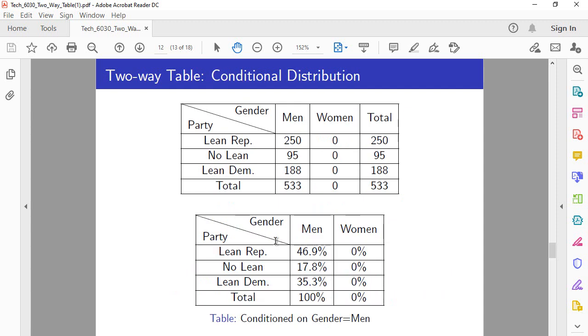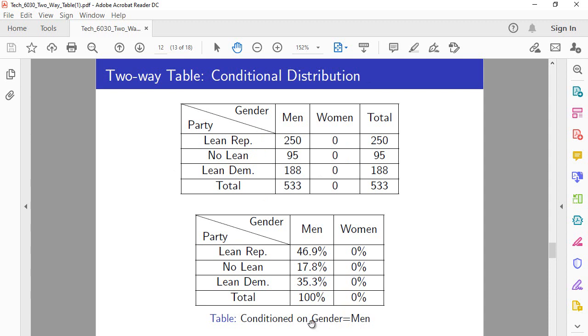Okay, so the last thing, another kind of distribution that I'm going to look at now is called the conditional distribution. So the first thing I want to know is the count of the adults conditioned on the gender value equal to men.